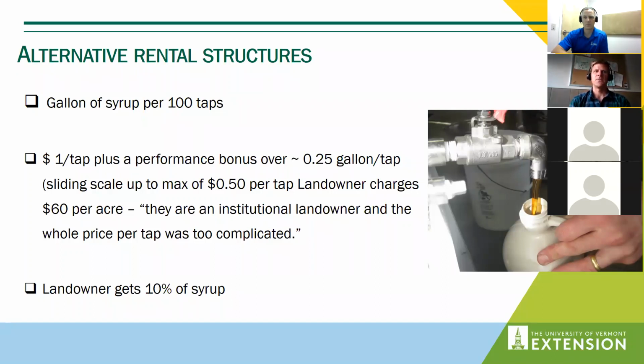So there's a way to structure a lease so that the producer isn't left holding a $50,000 tubing bill and have the property sold from under them within a few years.